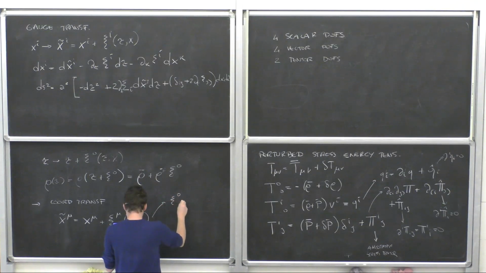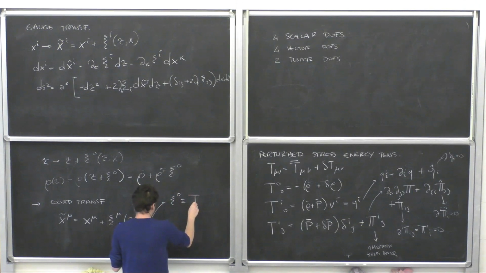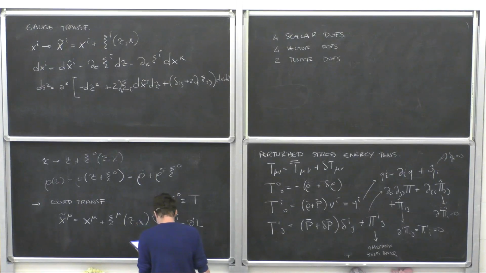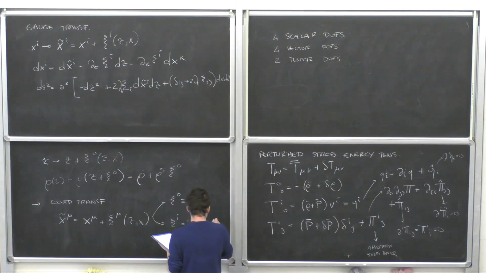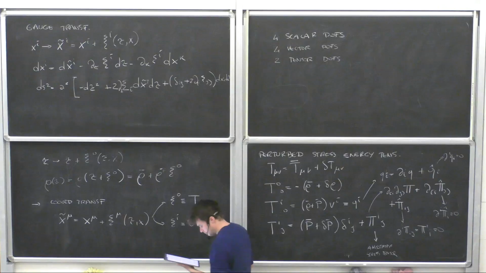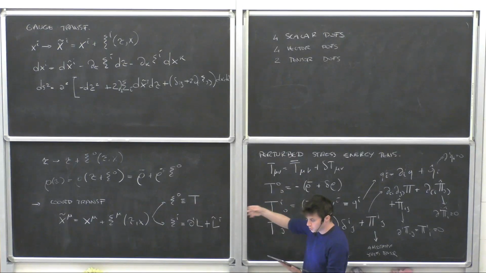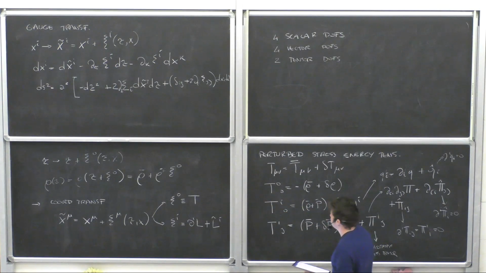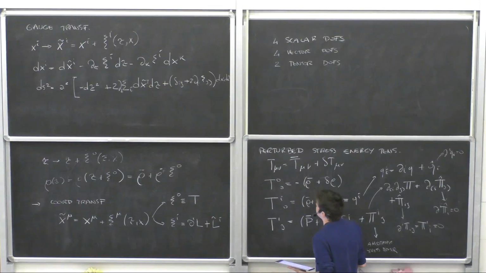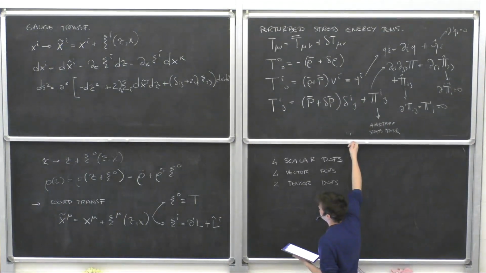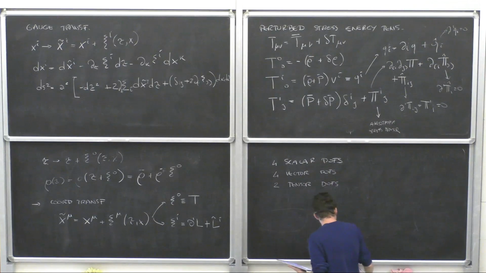So psi naught, we're going to call this T, and then psi i, we are going to break it down as a scalar component plus a vector component, okay, where we split this coordinate transformation according to basically scalar, vector and tensors. And now what we can do is ask, well, how does the metric change when we do such a transformation?